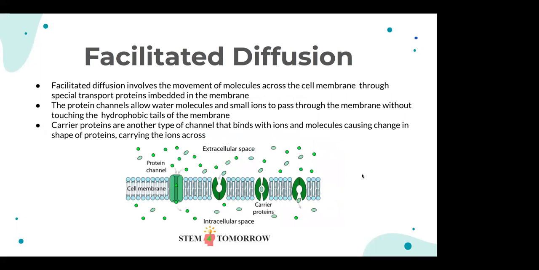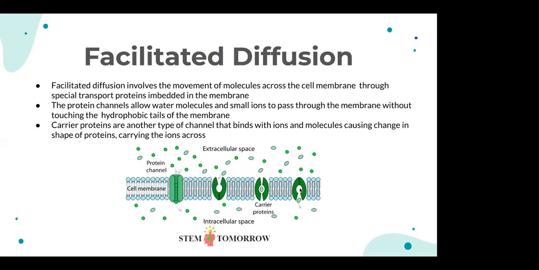So next is facilitated diffusion. Facilitated diffusion involves the movement of molecules across the cell membrane through special transport proteins embedded in the membrane. The protein channels allow water molecules and small ions to pass through the membrane without touching the hydrophobic tails of the membrane. So this is just for larger molecules and things.